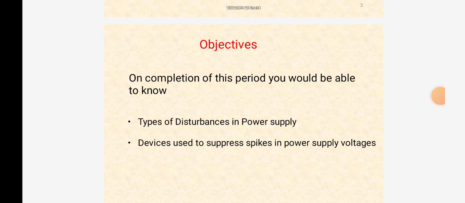Otherwise, major losses will occur in computers, and sometimes the life of human beings may also get affected in operation theaters due to power failures. Hence, critical loads require conditioning and uninterruptible power supply, UPS, for satisfactory and reliable operation of these loads.